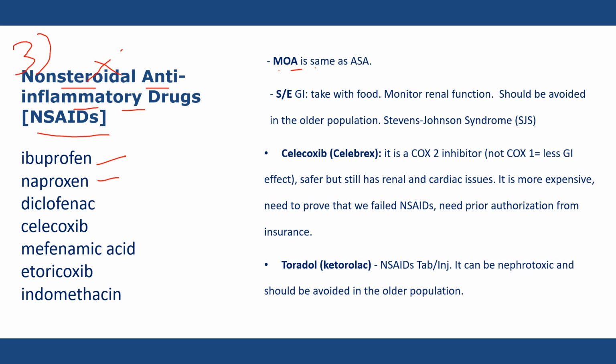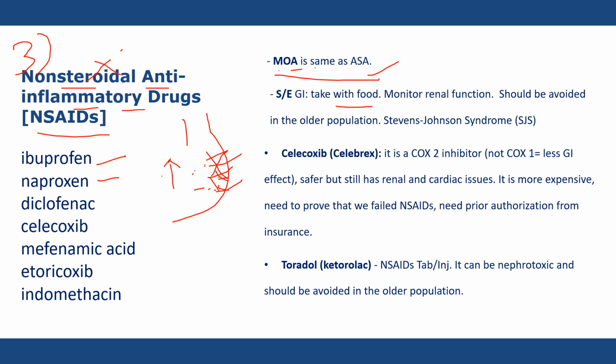Okay, because they share the same mechanism of action with aspirin, they're going to carry the same side effect profile, if you will. So remember, if you're going to block the effect of prostaglandins in the stomach, that means you are going to increase the risk of bleeding or stomach ulcer. So take NSAIDs with food, just like you would take aspirin with food as well.